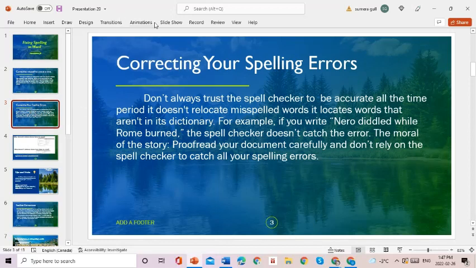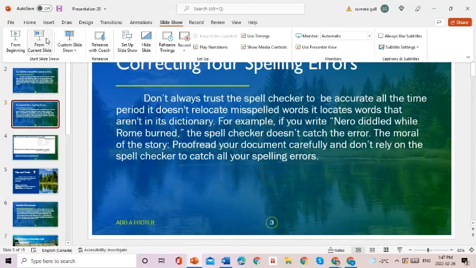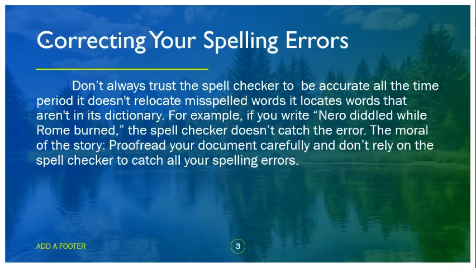Let me make it full screen so it gives a good presentation. It is telling you that sometimes words are right for you, but don't rely 100% on the spell check, because it cannot catch all the words you are thinking of.